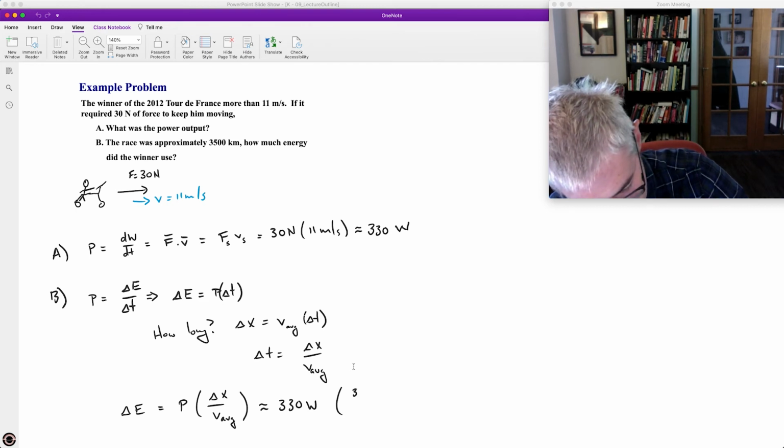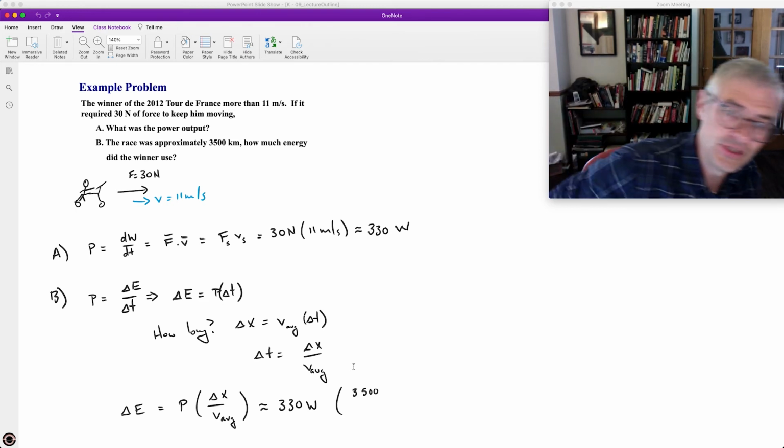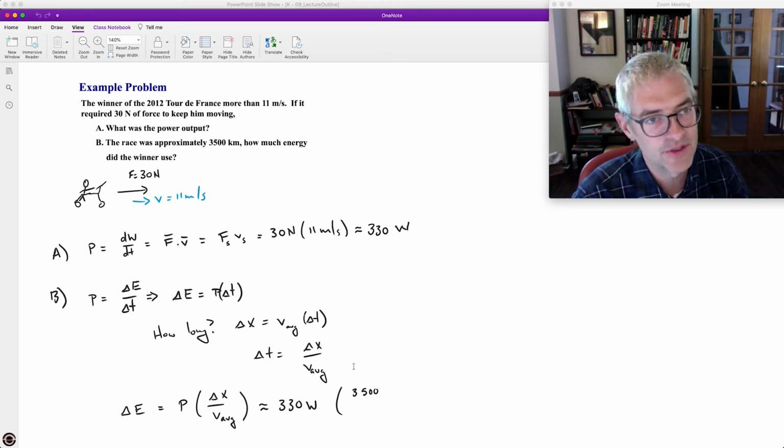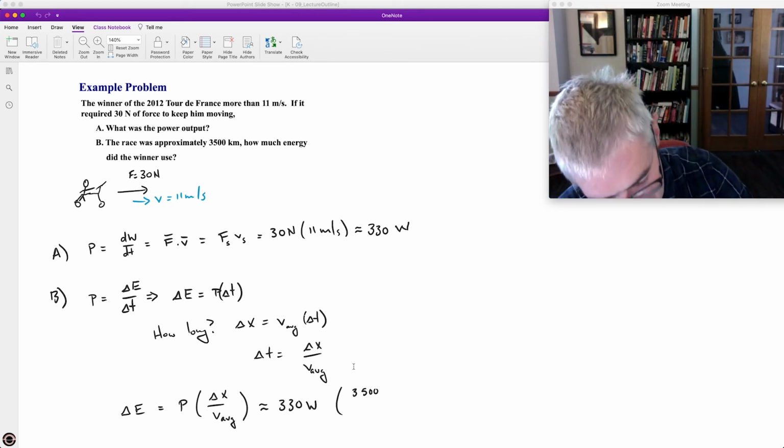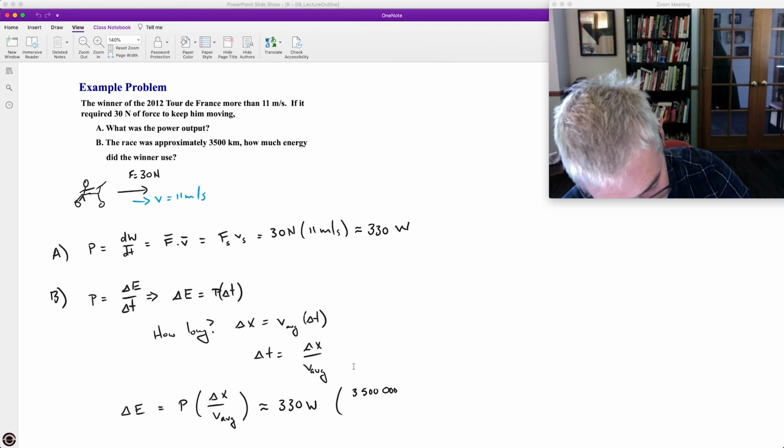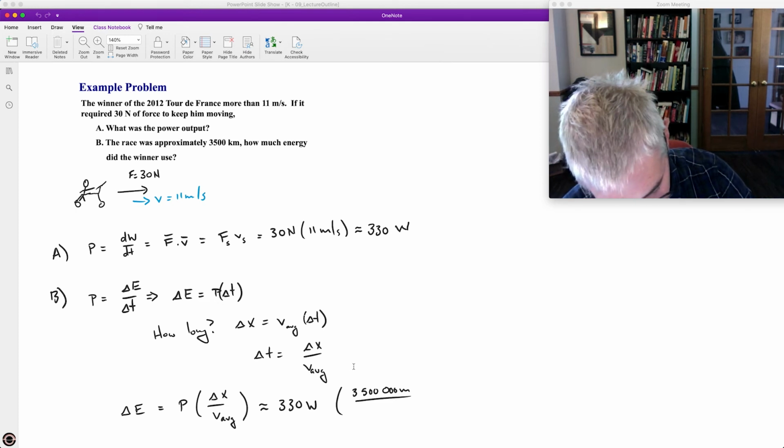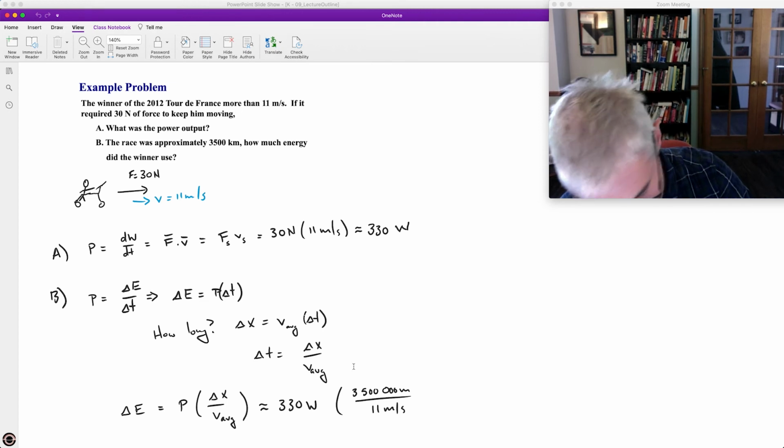3,500 kilometers, but be careful. You've got to use proper units. So 3,500 kilometers, we need to get that into meters. So 3,500,000 meters over the average speed, 11 meters per second.